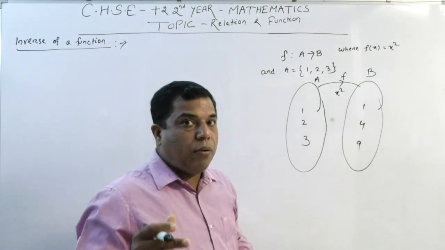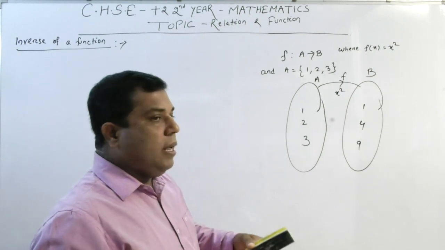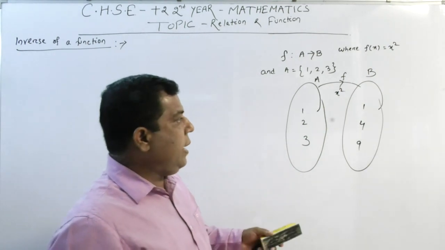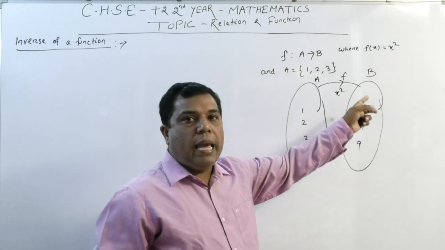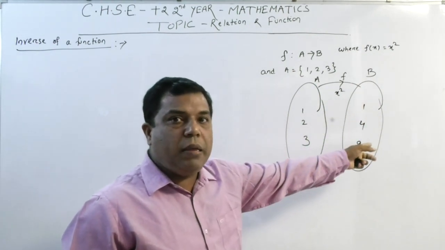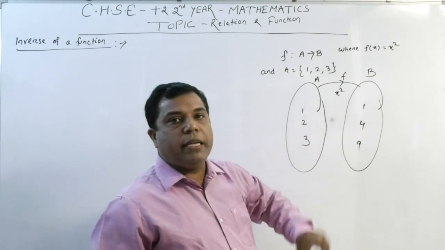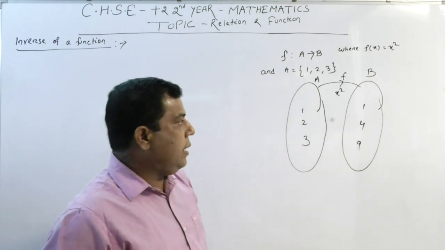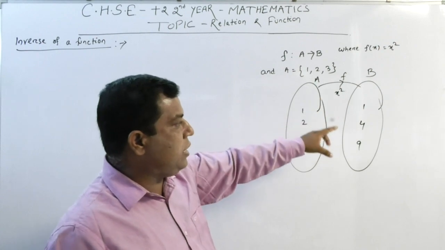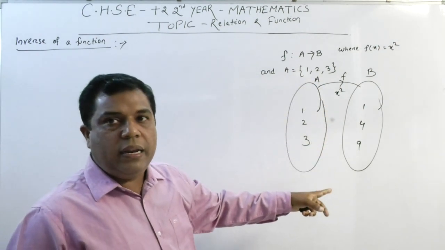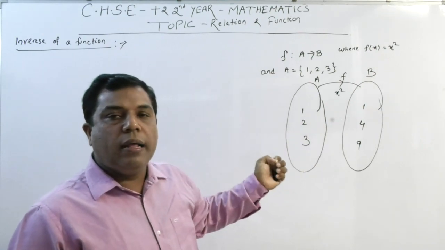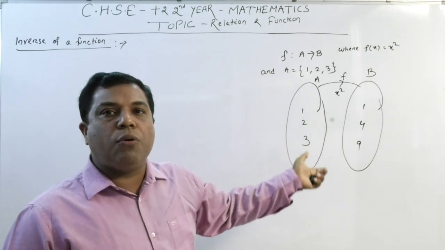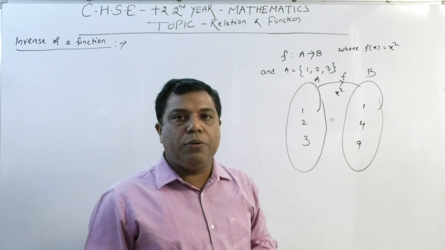I am repeating, is there a rule to find the pre-image value of those image values, that is 1, 4 and 9? Is it possible to convert them to their previous value, to their original value, to their pre-image value?